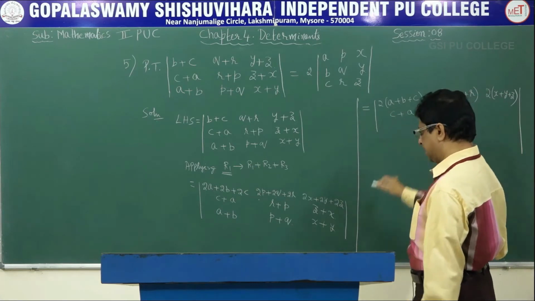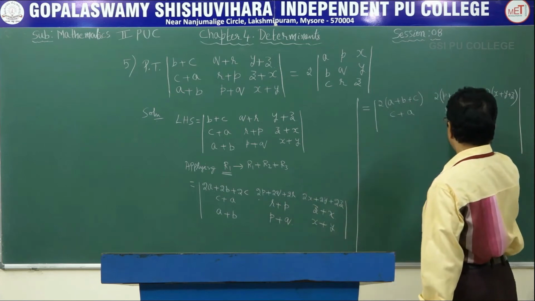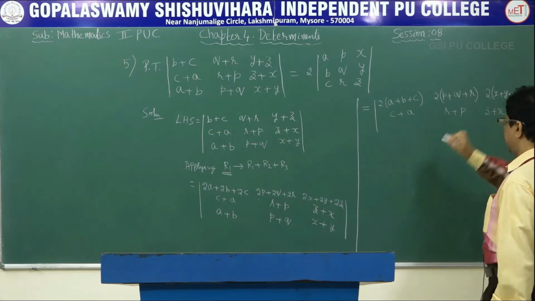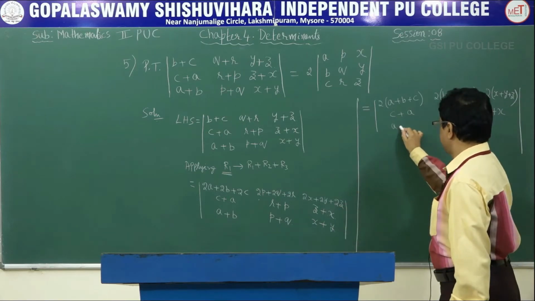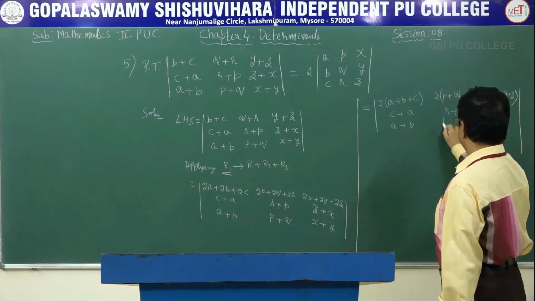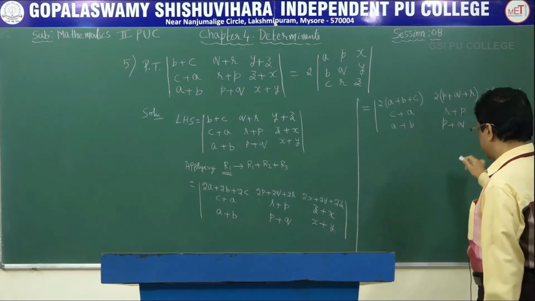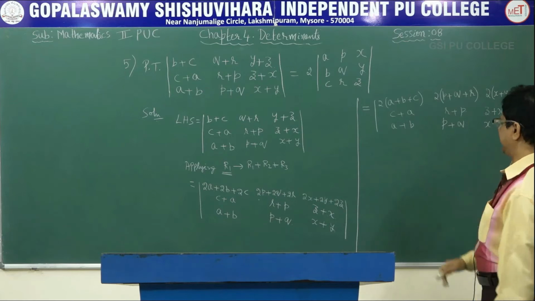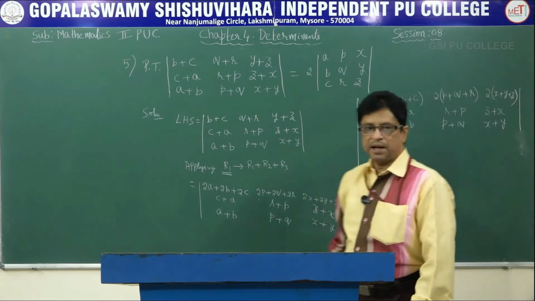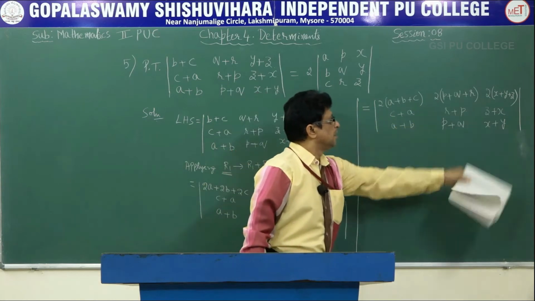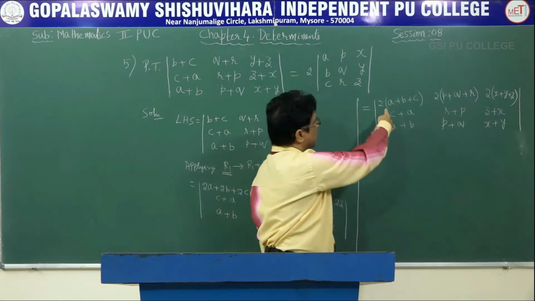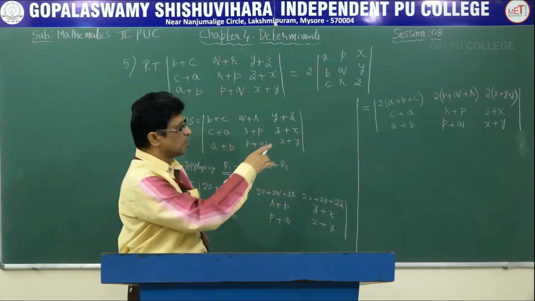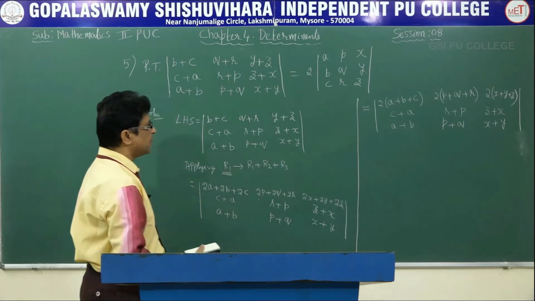Remaining elements c plus a, r plus p and z plus x. Next row a plus b, p plus q, x plus y. So now in the first row, you can take 2 outside the determinant because 2 is present in all the elements of first row.